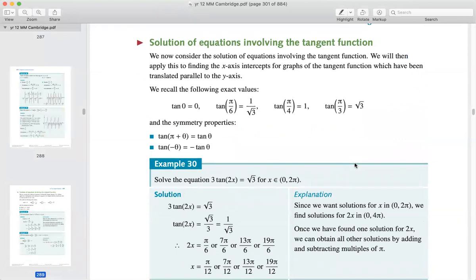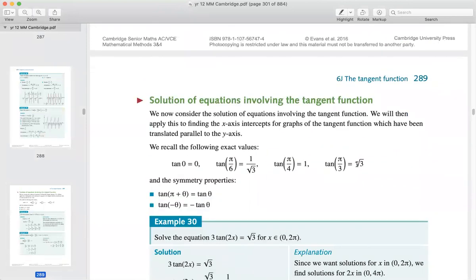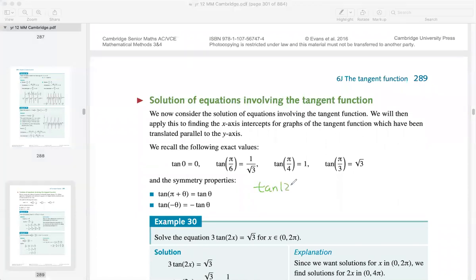And for this part, solution of equations, involving example 29. Remember, for cos and sine, we write two things, right? Because it's 2 pi. But for tangent, we only need to write one thing. So I will use this example to illustrate my point. Tangent 2x equals square root 3 over 3. So I just need to write 2x equals pi on 6 plus pi times n.